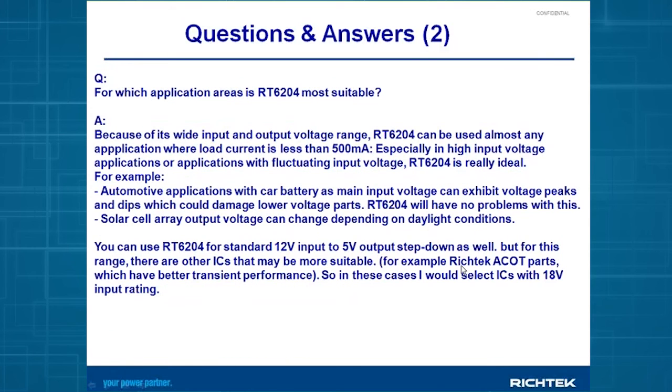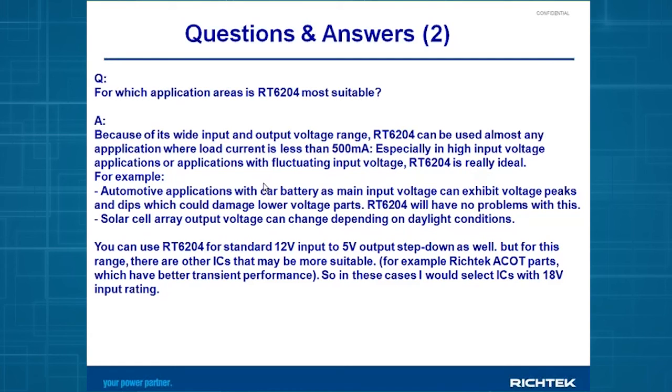Another question, in which application is RT6204 most suitable? Well, since this is a wide input and wide output voltage range converter, basically you can use this IC as a very nice building block in almost any application, and especially applications where you have either a very high input voltage range or a very fluctuating input voltage, or you need a very high output voltage.